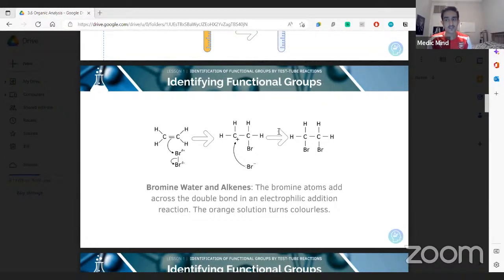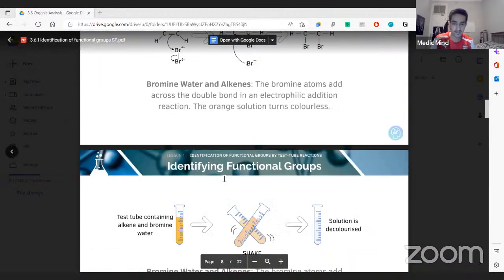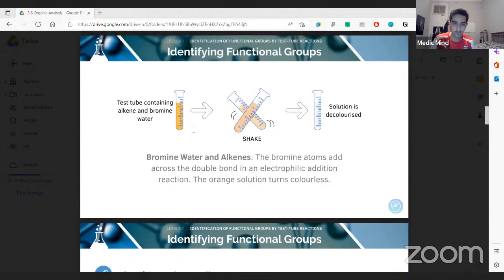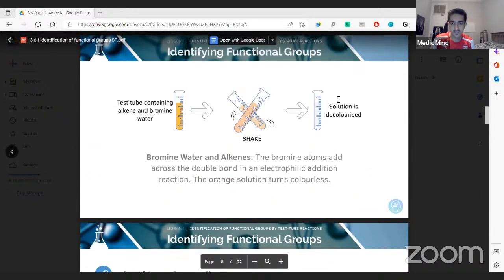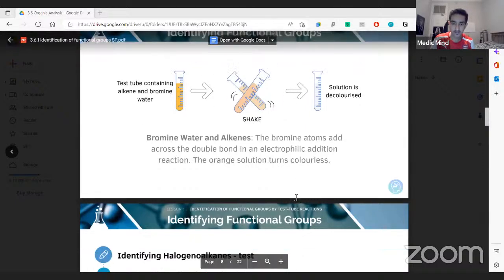It's weird that we're going in this order, starting with functional group identification and then moving towards the actual content, but just recall that this is an electrophilic addition reaction across this double bond. We'll talk about that later. So bromine is decolorized in the presence of alkenes.